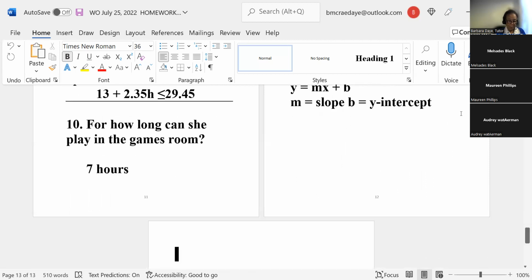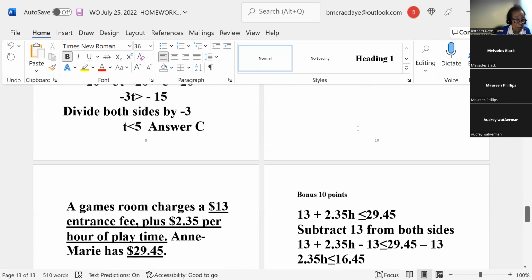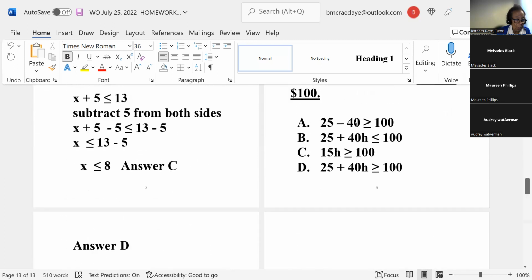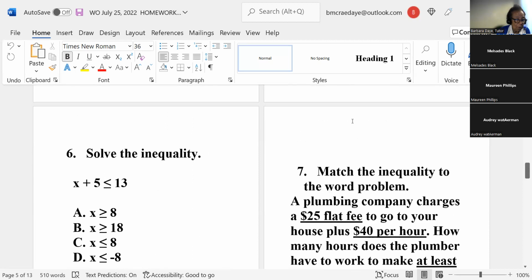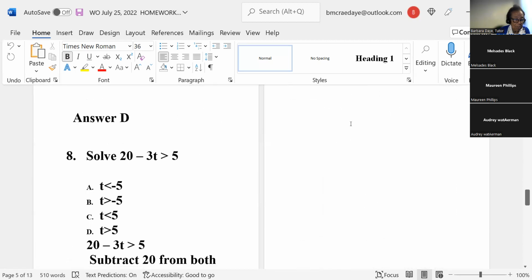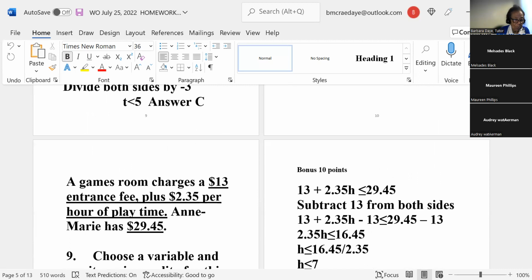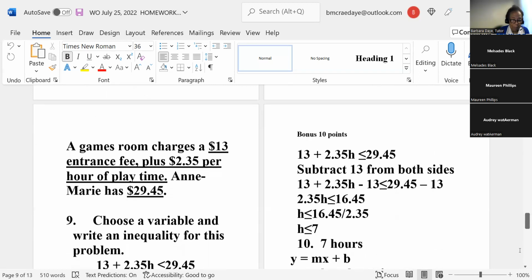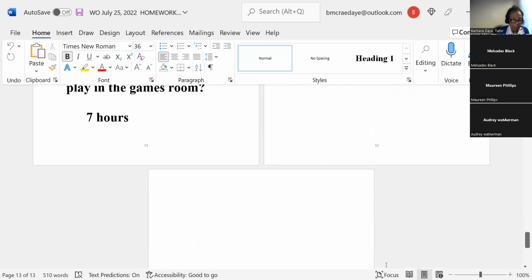Let's see. I want to do one of these. Okay, no, let's do an inequality problem. I want you to do this one. This is not going to be a word problem, just the math.